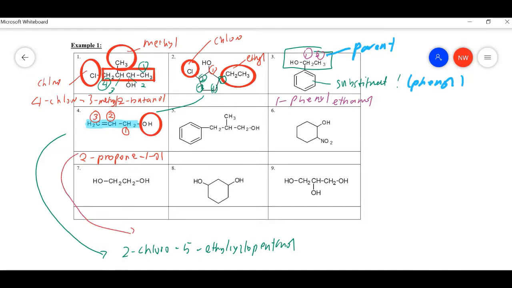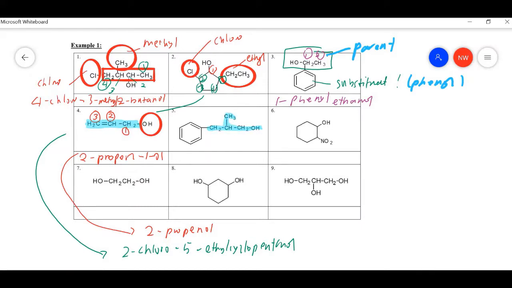Kita tulis nama dia lain ataupun 2 propenol. Okay, betul ke kat sini, 2 propene 1 ol ataupun 2 propenol.